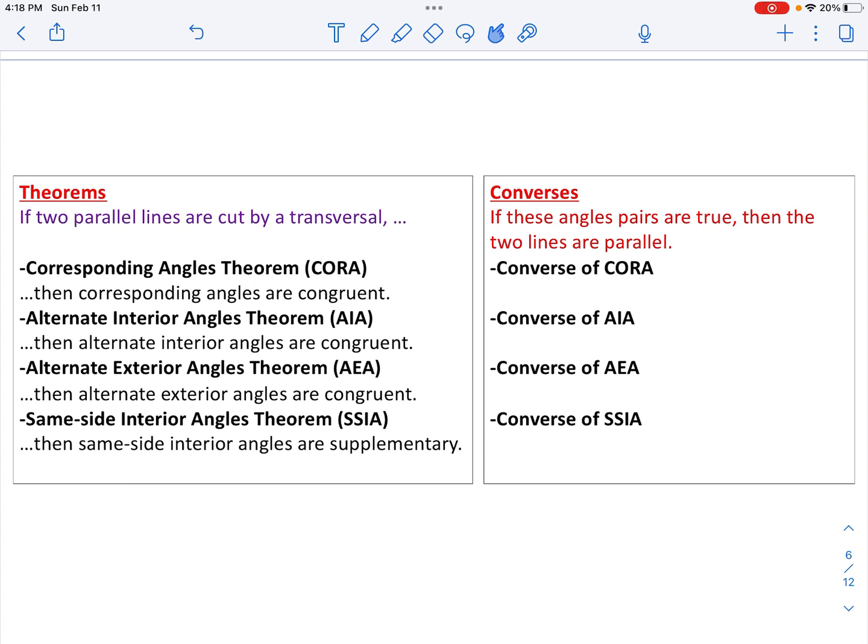So corresponding angles theorem, alternate interior angles theorem, alternate exterior angles theorem, and same side interior angles theorem. And then we also know if we're trying to prove two lines are parallel, we can do the converse of those as well. So those here on the right, those are the converse of those.